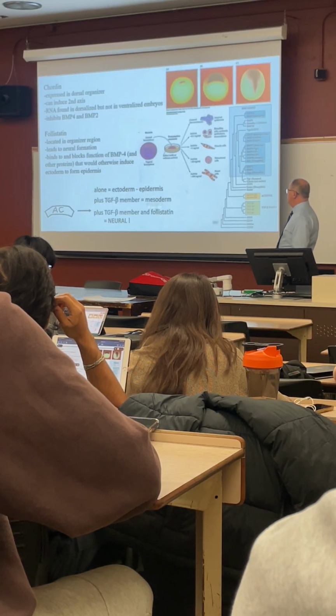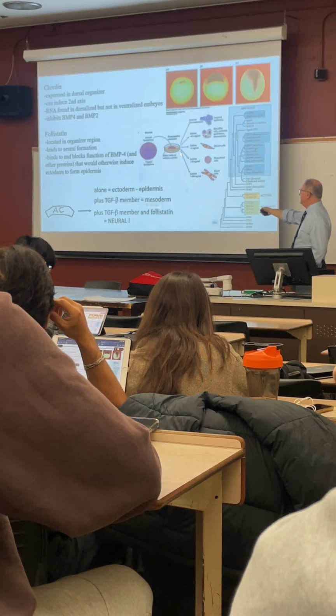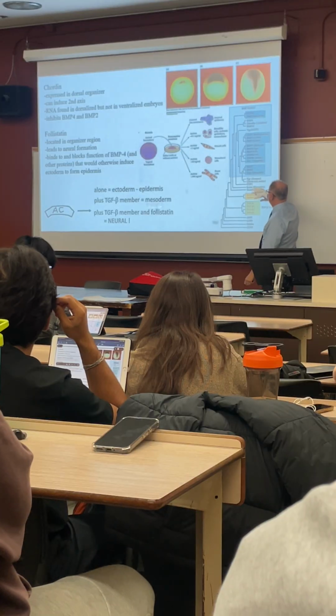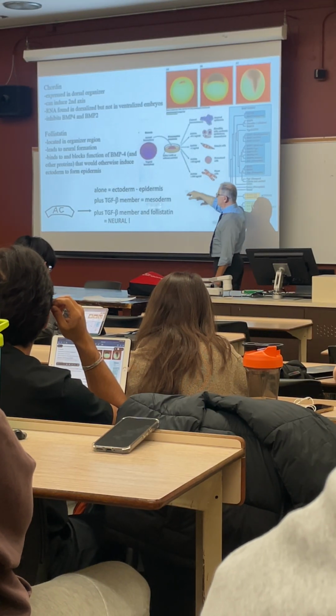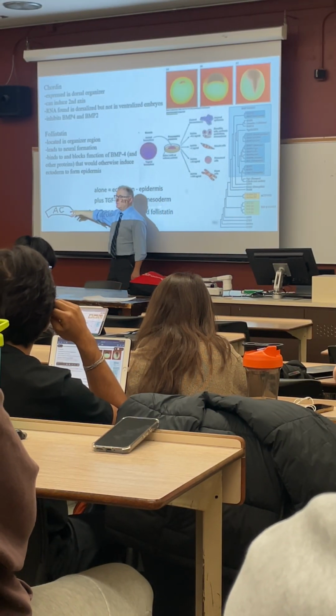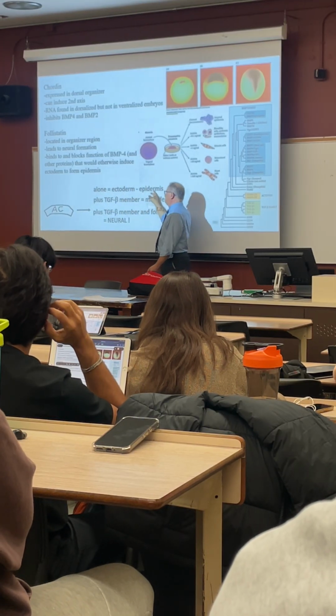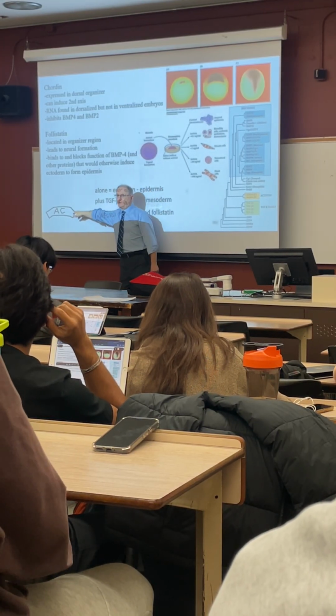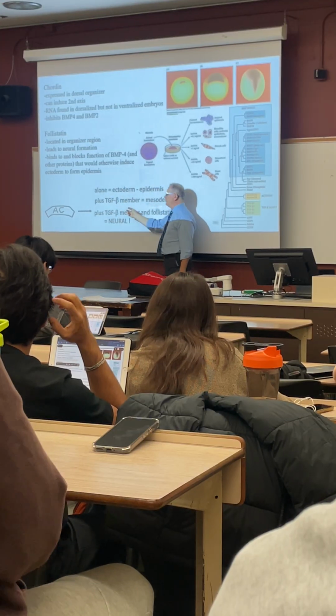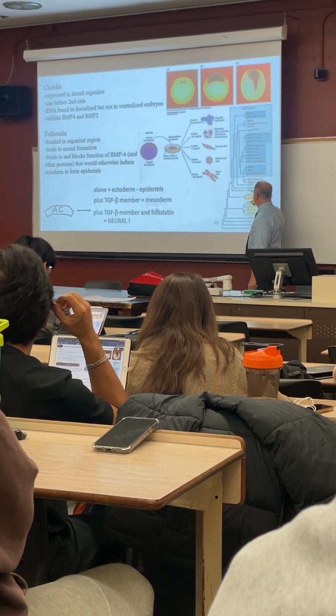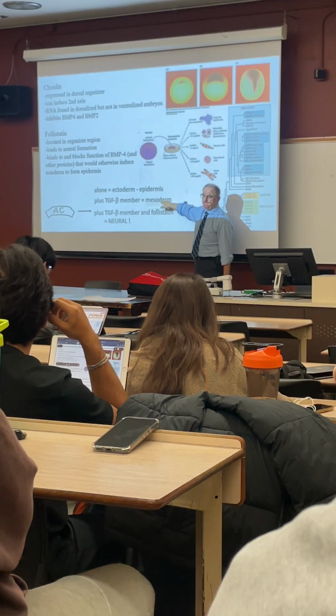So people knew that you can use activin or these TGF-beta molecules to do this. So if you take an animal cap, this is ectoderm, by itself, you get epidermis. If you take an animal cap and you add a TGF-beta family member, such as activin, you get mesoderm.